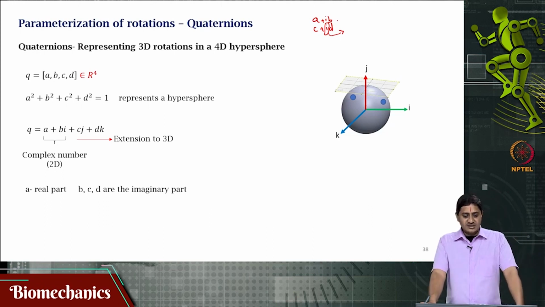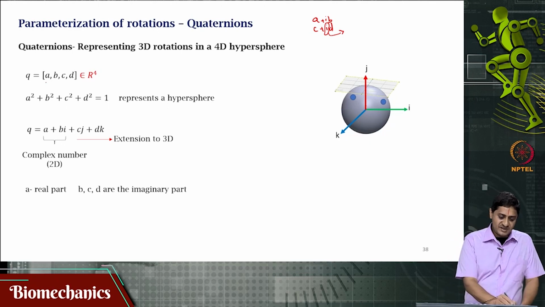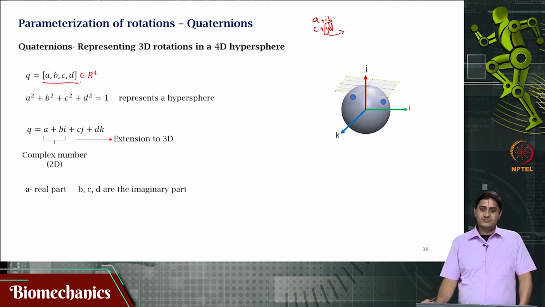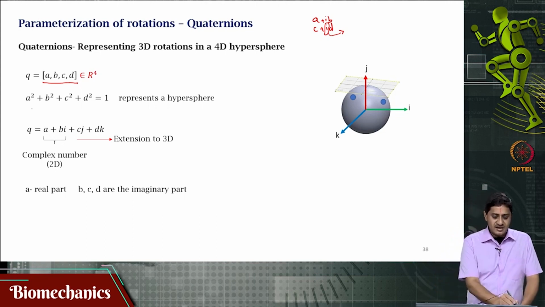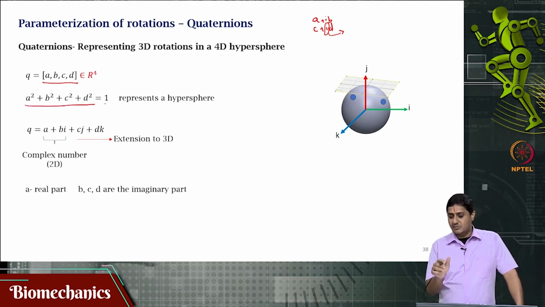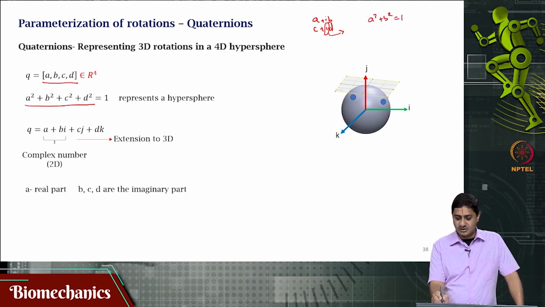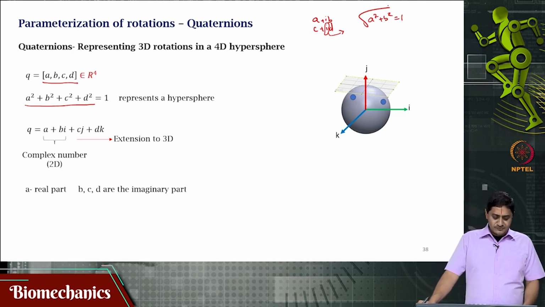Now, similar to that, let us suppose I had a vector q, a b c d like this, such that a squared plus b squared plus c squared plus d squared is 1. Remember, in the previous discussion we just said that the square root of a squared plus b squared is 1, but if the square root of a squared plus b squared is 1, then a squared plus b squared is 1.